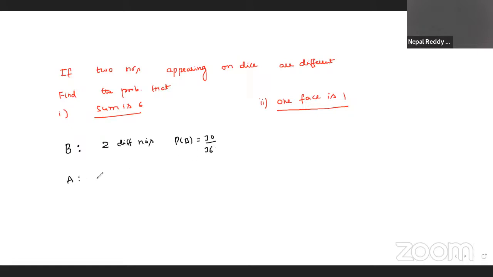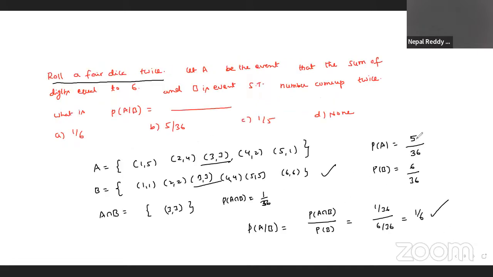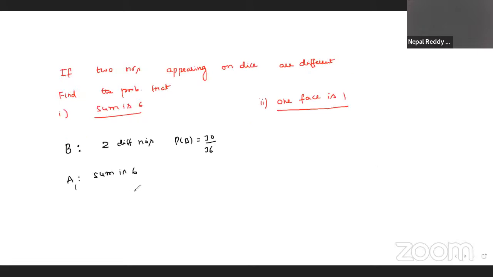Assume that A1, first question, sum is 6. Sum 6 probability, 5 by 36, right?